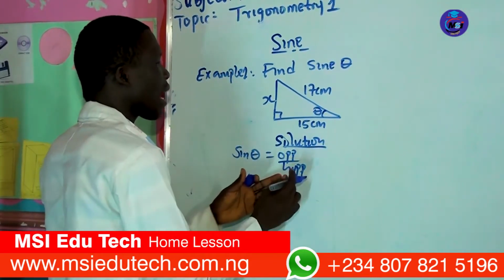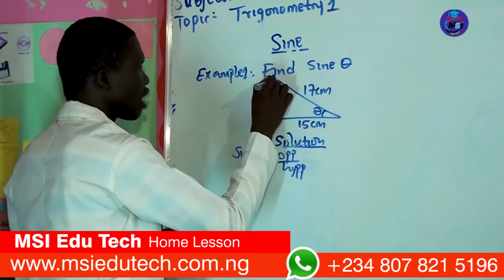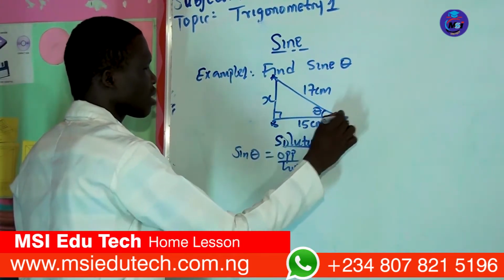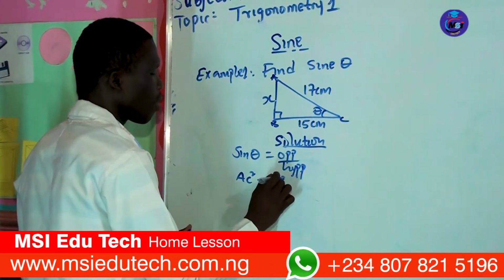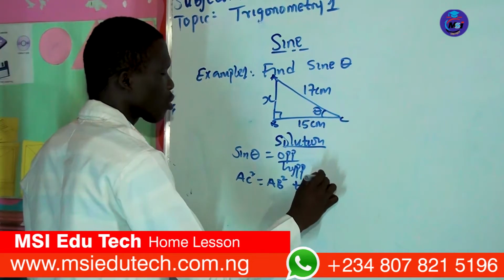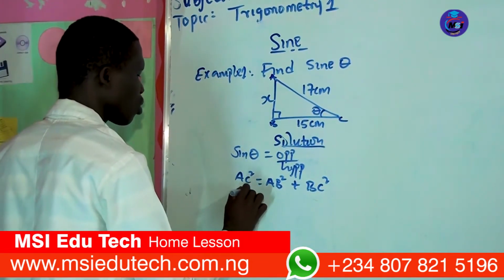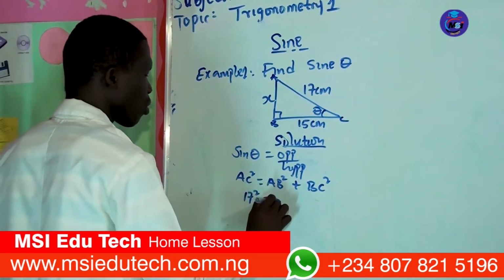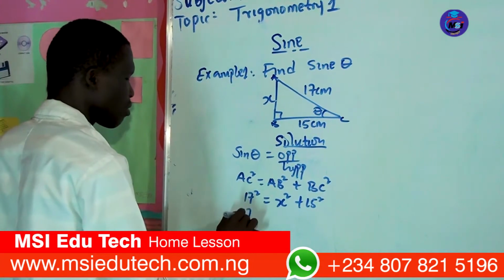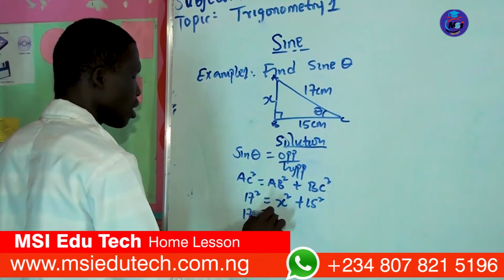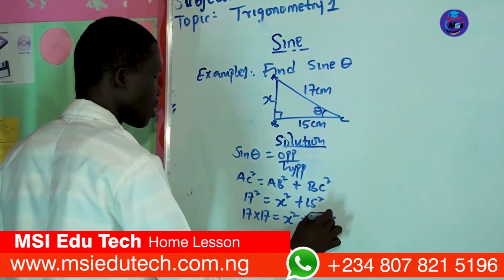We are going to apply the Pythagoras Theorem by saying this is A, B, and C. AC squared equals to AB squared plus BC squared. So this one will give us AC 17 squared equals to x squared plus 15 squared. This will give us 17 times 17 equals to x squared plus 15 times 15.